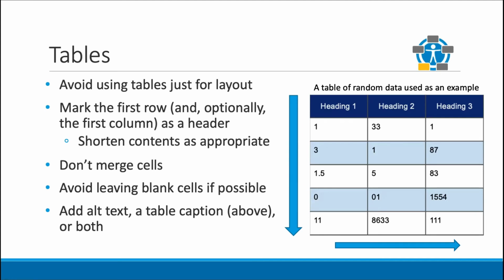And the first thing you need to know is how a screen reader is going to interact with and read a table. It's always going to go left to right and then top to bottom. So a screen reader relying on a table is going to read things: heading 1, heading 2, heading 3, 1, 33, 1, 3, 1, 87. And it's always going to read things in that order.